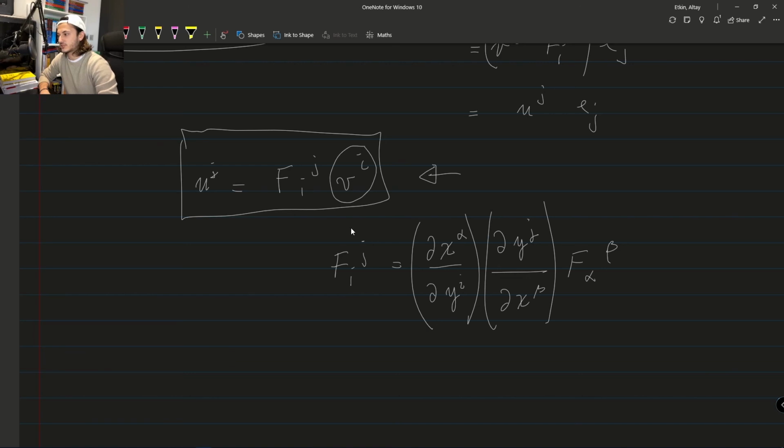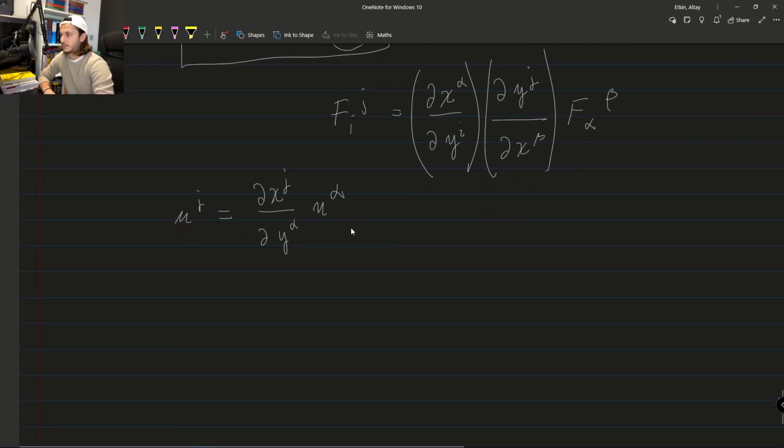So everything transforms. So here you can say uj would transform as some matrix, say dxj over dy alpha, u alpha, and the representations are given a coordinate system, so these x and y are different coordinate representations.